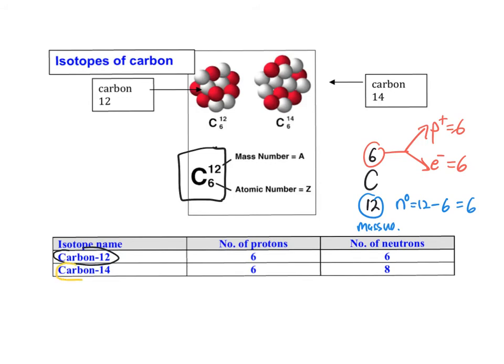Carbon 14 is also carbon. It's still C6, but it's very, very rare. So on our normal periodic table, we don't see carbon 14, because there's very little of it in nature.